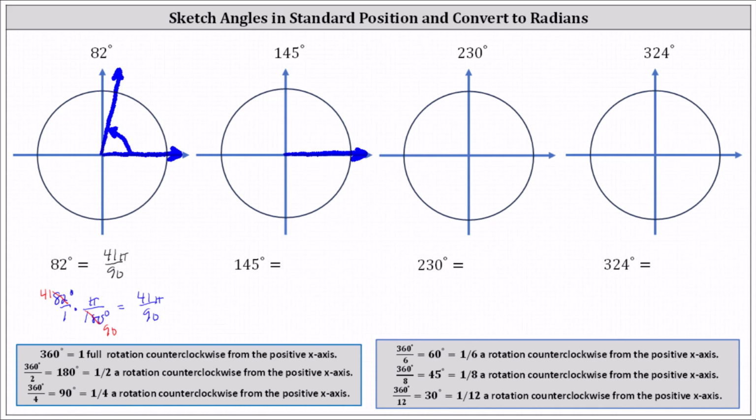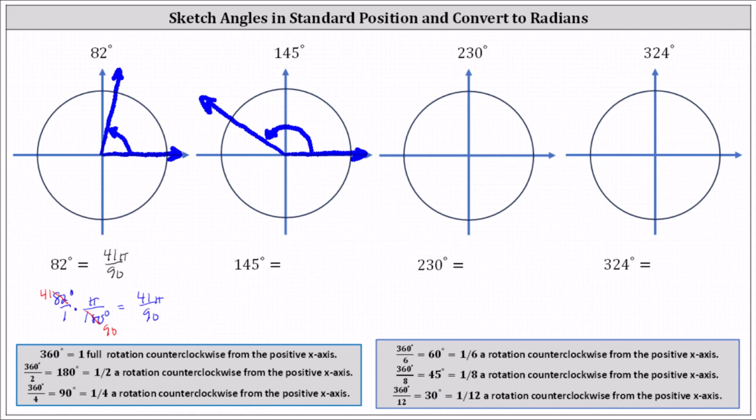And because 45 degrees times 3 is 135 degrees, we'll rotate a little bit more than 3/8 of a rotation counterclockwise. So if we had 1/8, 2/8, 3/8 of a rotation counterclockwise, this would be 135 degrees, and therefore we rotate 10 degrees more to, let's say, approximately here. This would be the terminal side for 145 degrees.